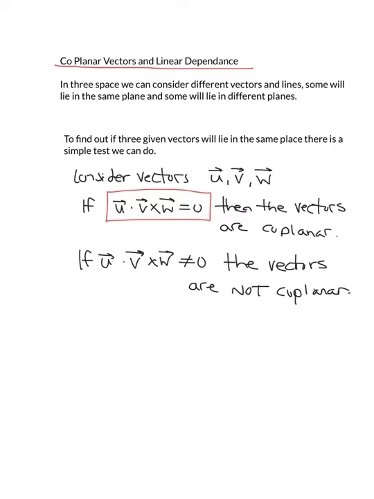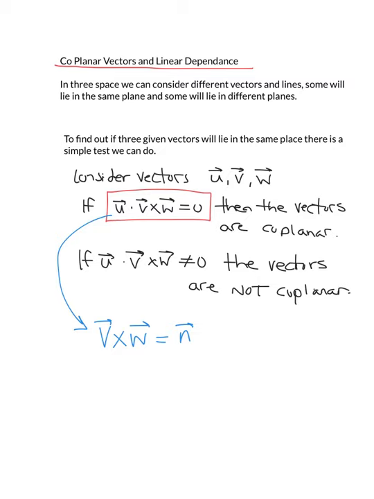And for those of you that like some good explanations, I'm just going to explain this a little bit further here. We are going to do the cross product, so I'll just say v cross w. Now we know that when we do the cross product, we get a vector that is perpendicular to these.